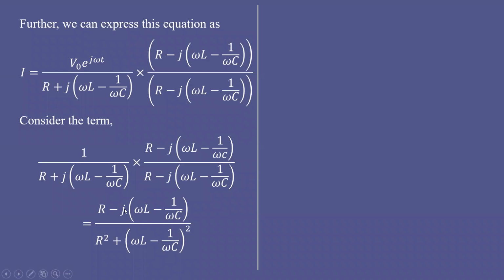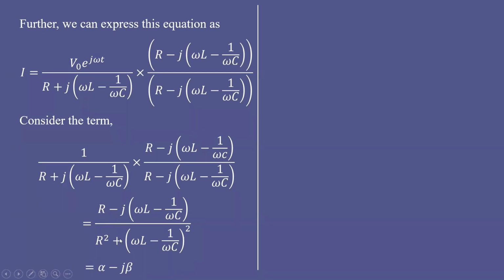So here the expression for this term will be R minus j into (omega L minus 1 by omega C) divided by R square plus (omega L minus 1 by omega C) the whole square. I can represent this as alpha minus j beta.